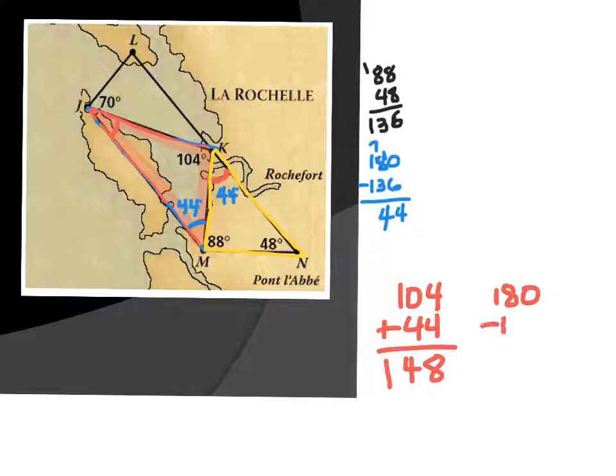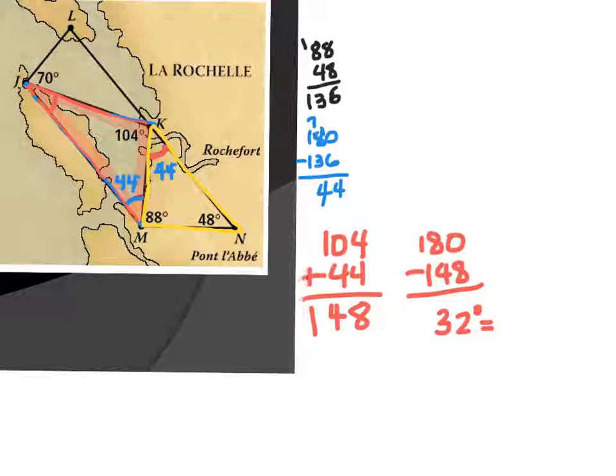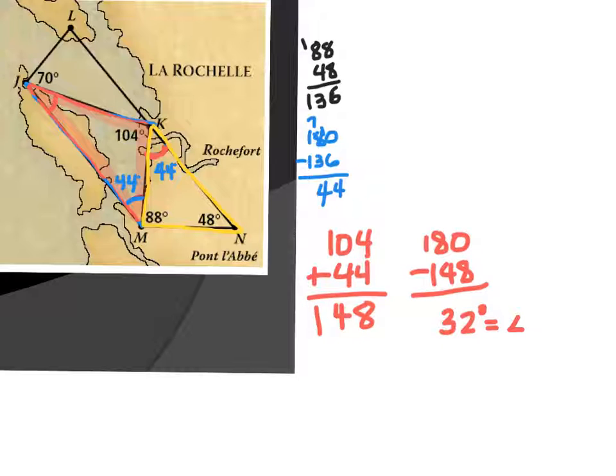Perfect. So 180 minus 148, and I get 32. That's what angle KJM is. Sometimes you've got to do a little work to get there and combine all the stuff that you already know to do it.